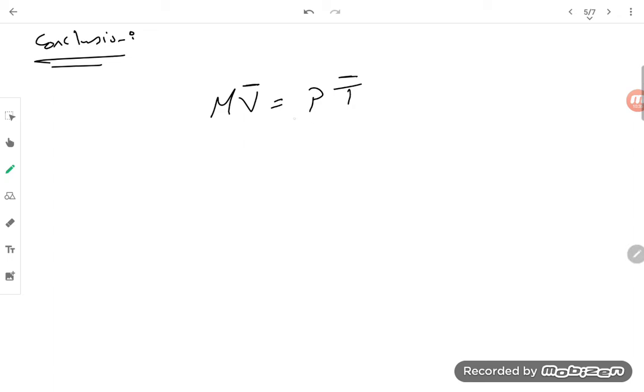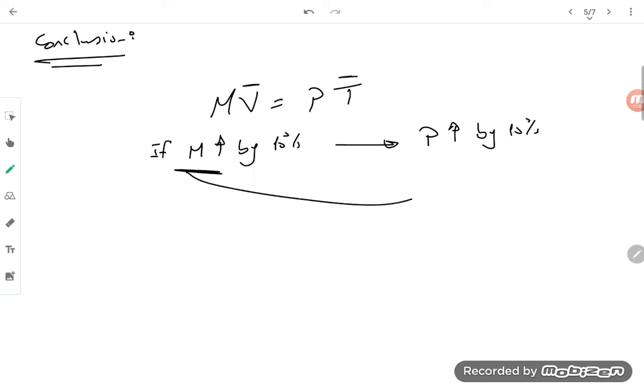So price is affected by M. So if the government increases money supply by 10%, then prices will increase by 10%. So the direction of the relation is from money supply to price level.